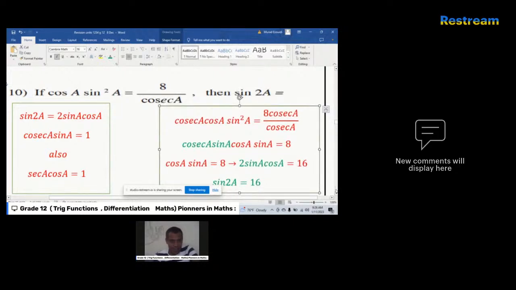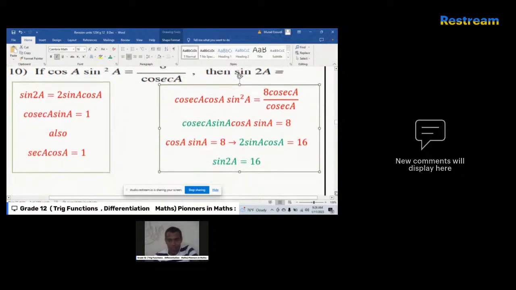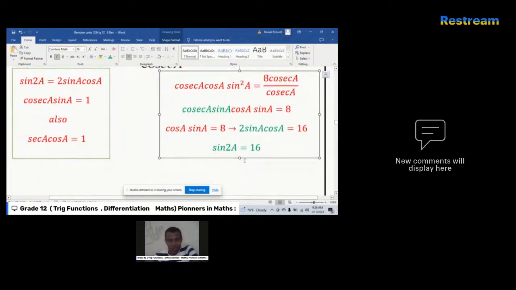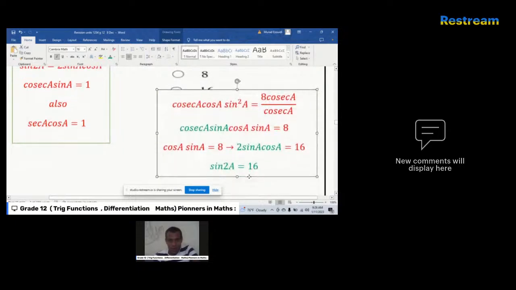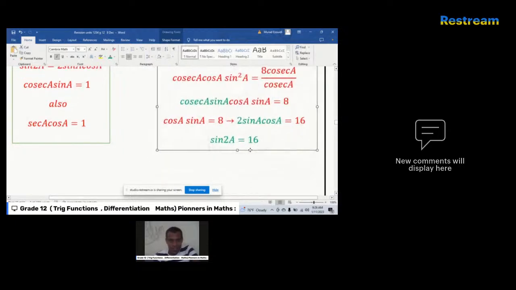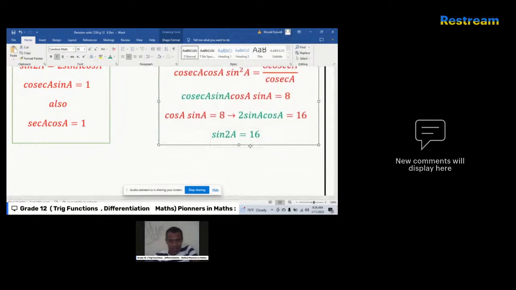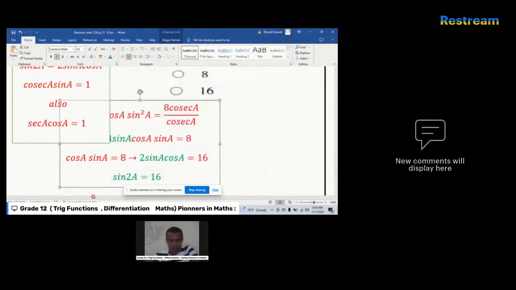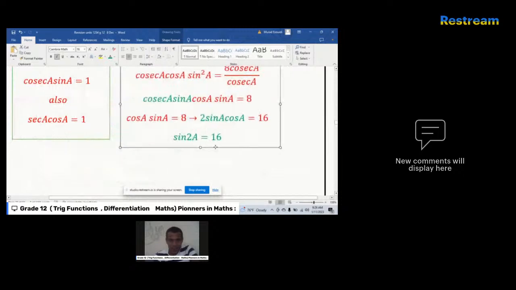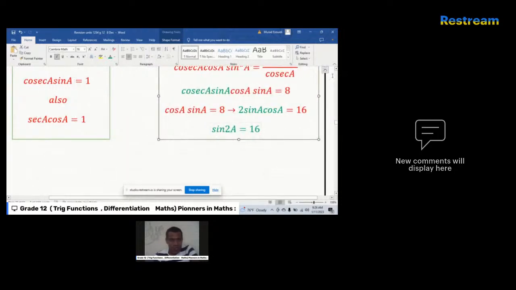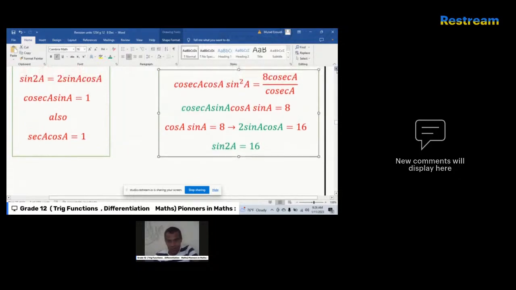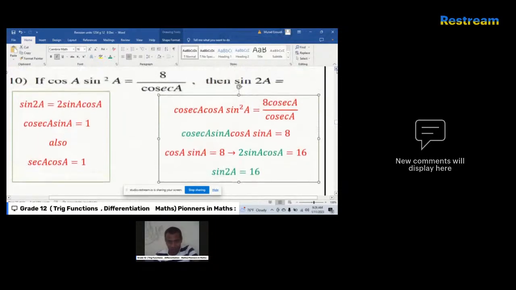If you want to see the possible answers, we have 8 and 16. So the answer here is in fact 16. Clear? And here are some notes that I should be familiar with. Thank you for listening.